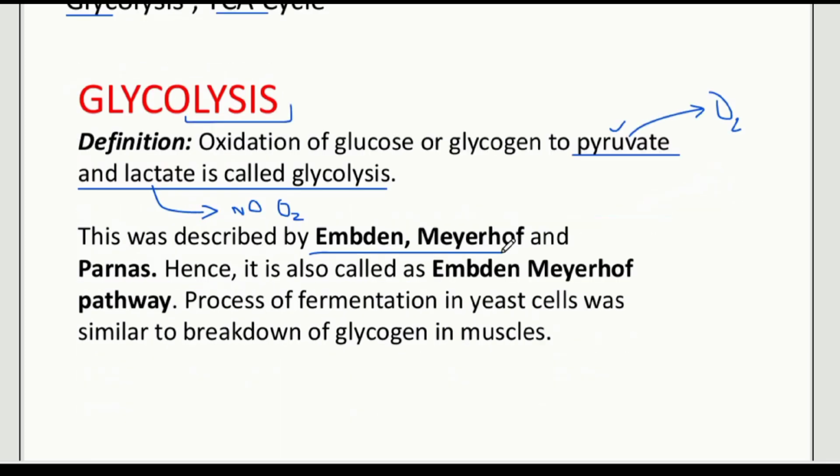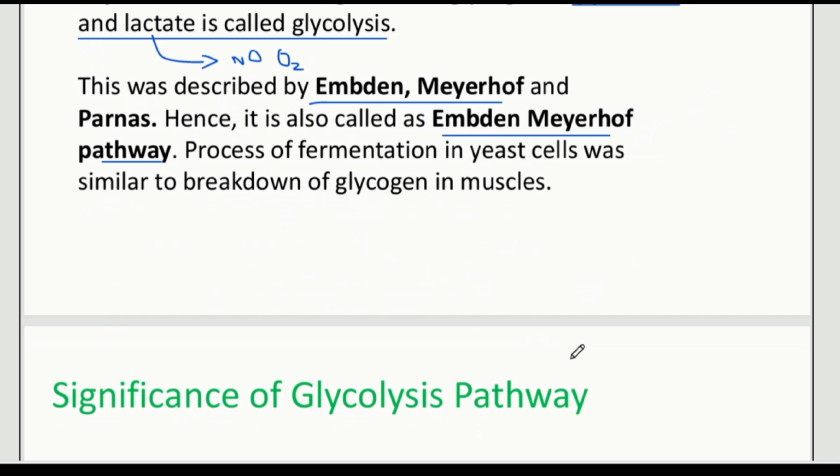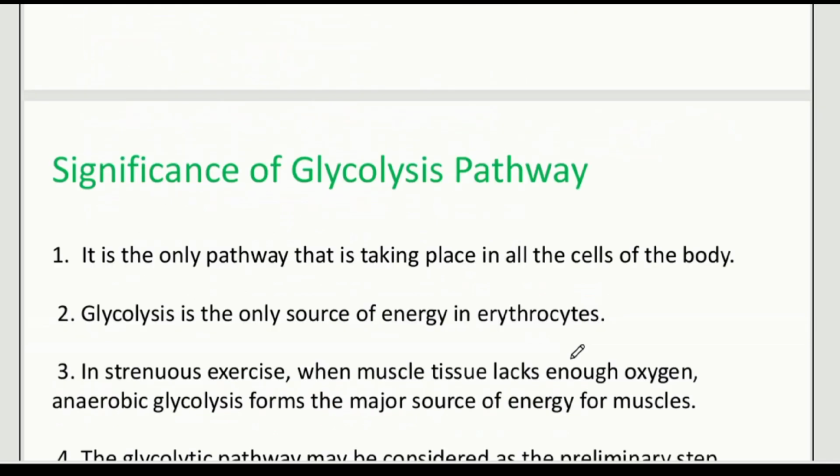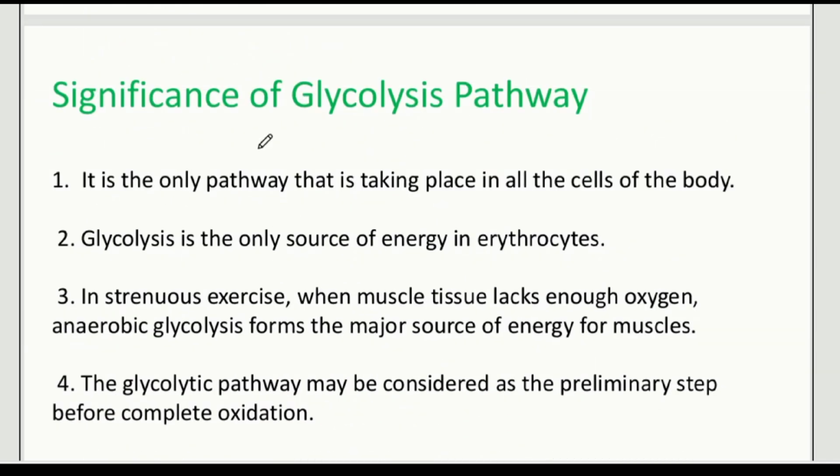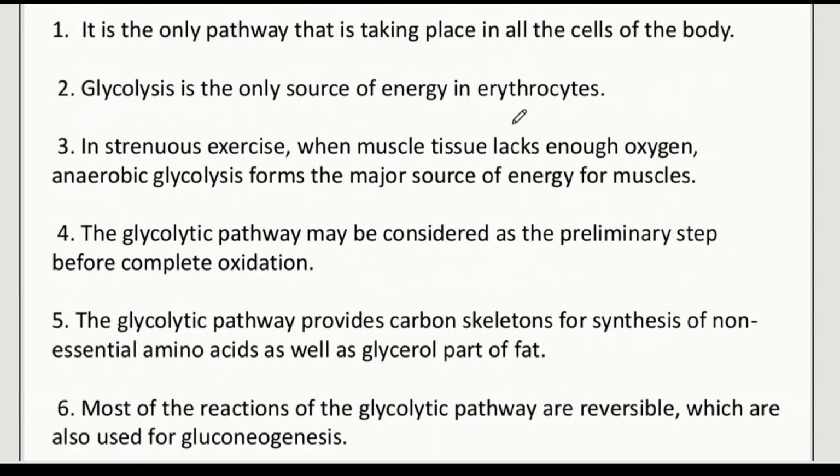This was described by Embden-Meyerhof, so glycolysis is also known as the Embden-Meyerhof pathway. If we see the salient features of glycolysis, what is the significance of the glycolysis pathway? It is the only pathway that takes place in all tissues of our body.